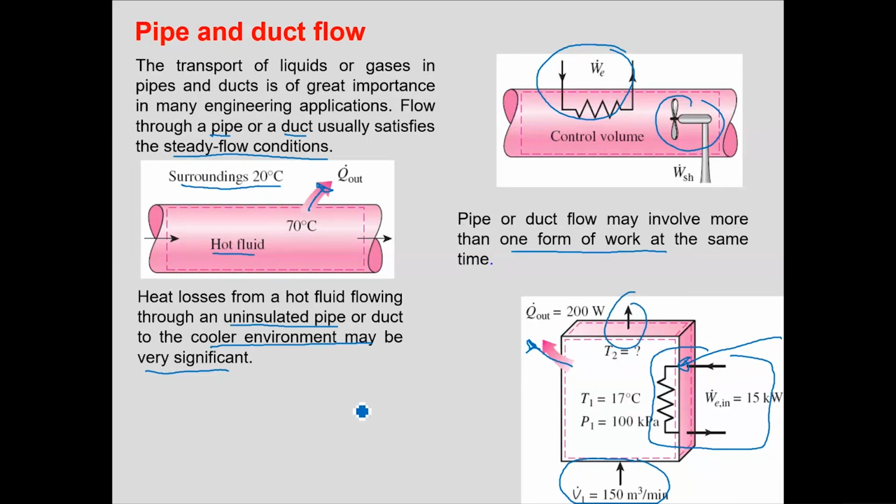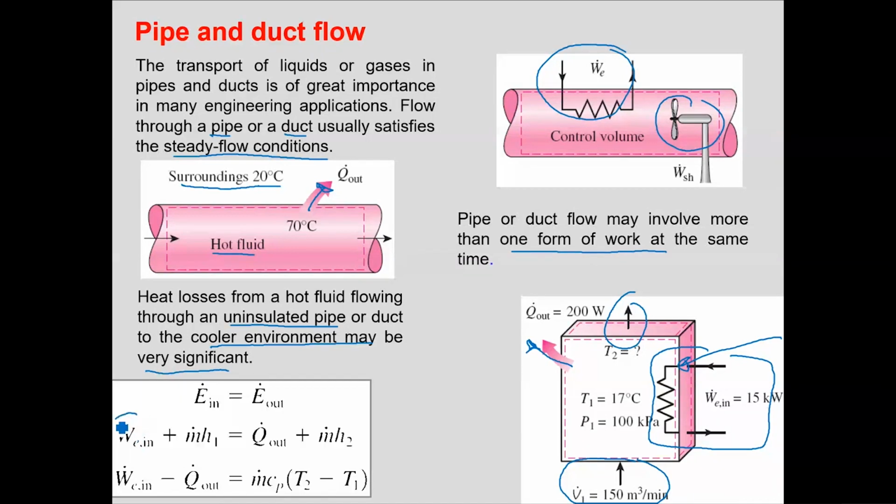In such a case, the energy balance equation would be the electrical work into the system plus the energy due to the mass flow rate which is coming into the system is essentially equal to the heat lost by the system and the energy carried by the fluid from the system as it leaves the system. In case where you have fluid as the ideal gas, you can convert dh into Cp dT, which we have done over here.